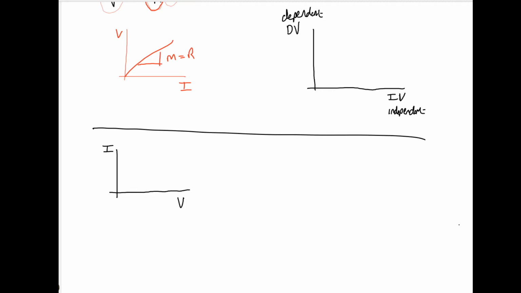Okay, so what does this mean? Well, what it means is I need to rearrange my equation. I had V equals IR. I want it in the form y equals mx plus c, and it already looks like it is, but I've just decided that I actually need to put my x and y somewhere particular. So I need to rewrite the equation in a way that matches. So what I do is I put the variables in the places.